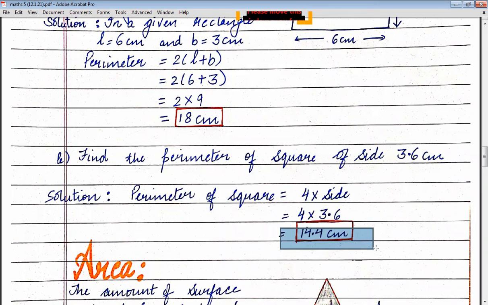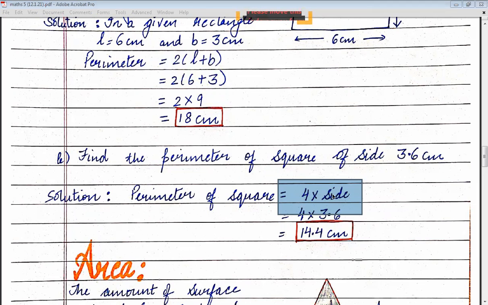So I hope children you are clear with what is a perimeter. Perimeter is the outer boundary of a closed figure. And perimeter of rectangle is twice L plus B and perimeter of square is 4 into side. Okay. Now you are clear with the perimeter.